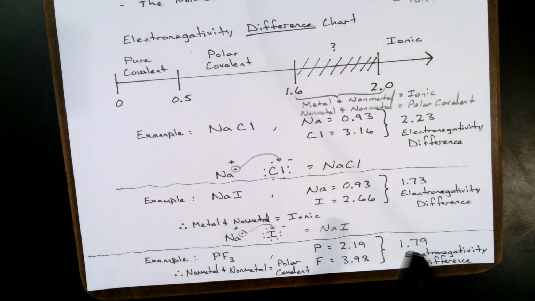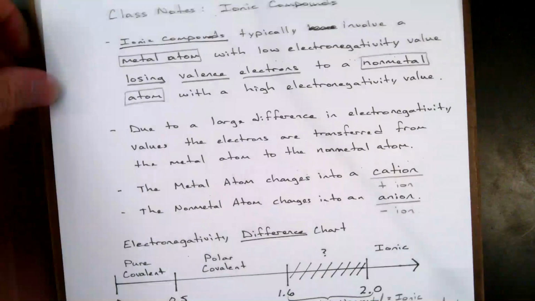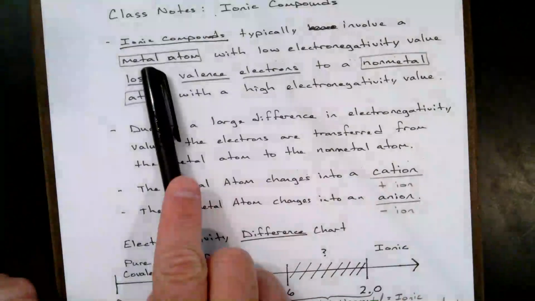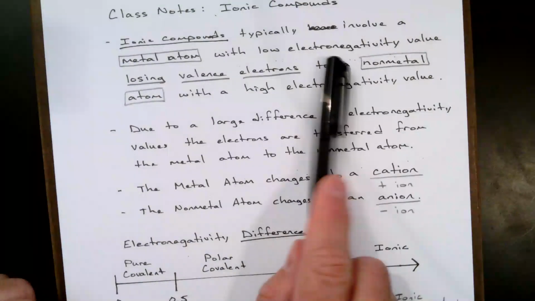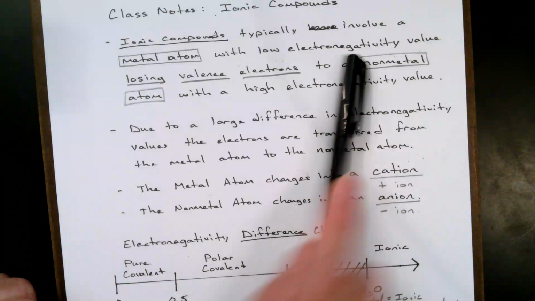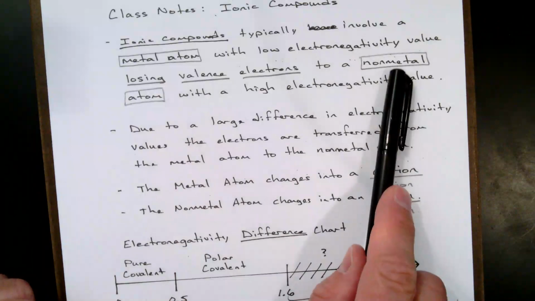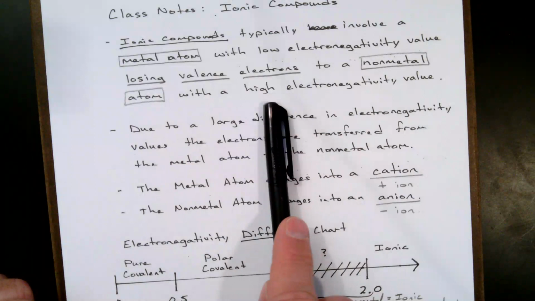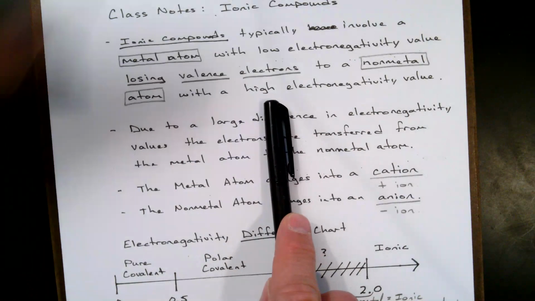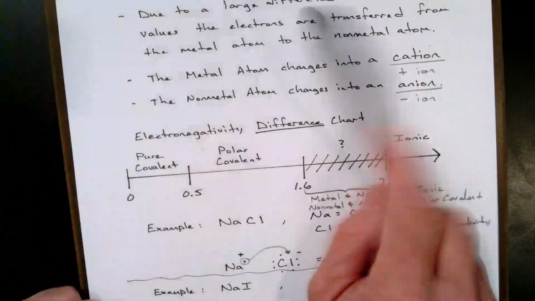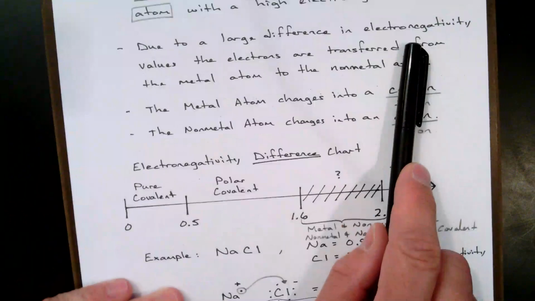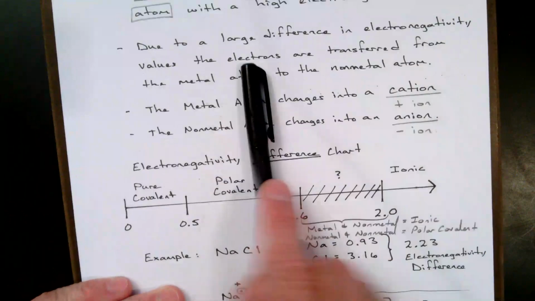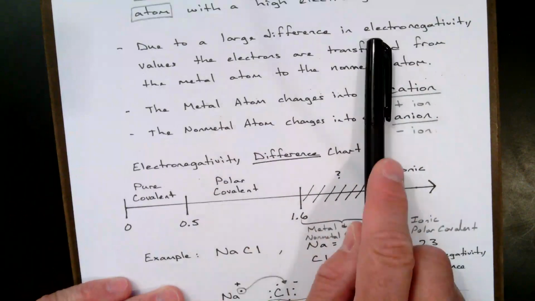Right now, what we're doing is we're looking at the bonding of two atoms, where one atom is a metal that has a low electronegativity. The other atom is a non-metal that has a high electronegativity. Due to the large difference in electronegativity values, the electrons are transferred.